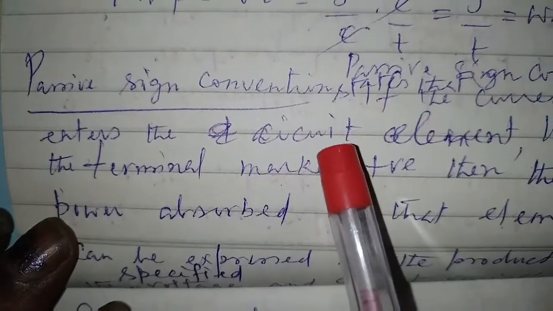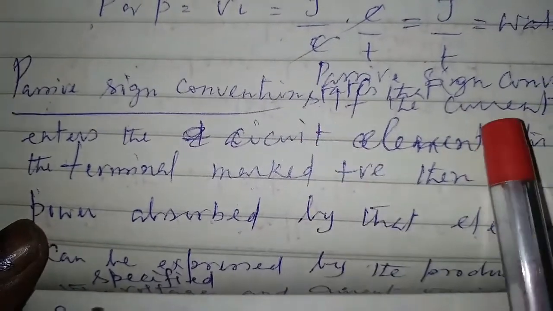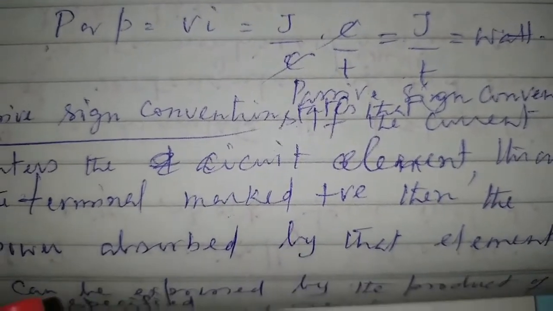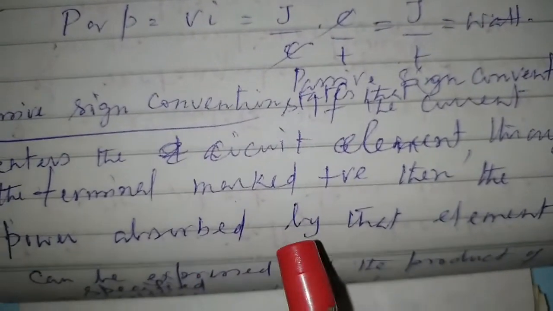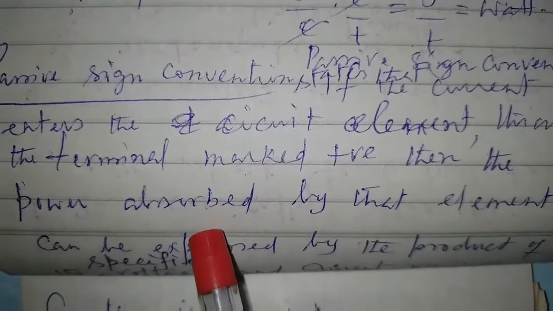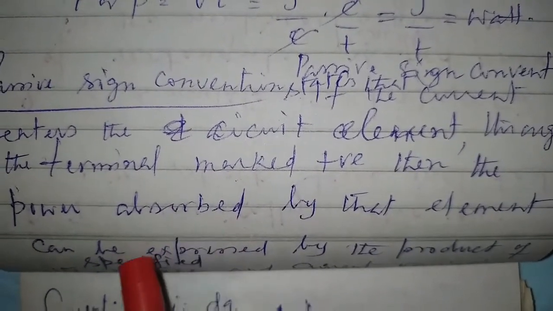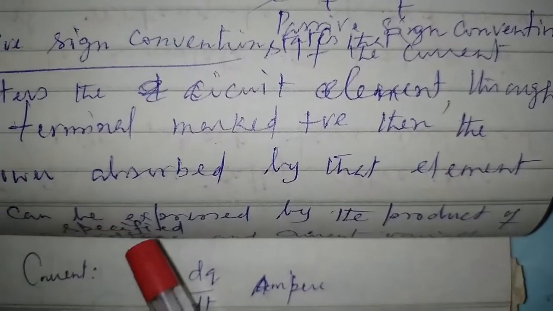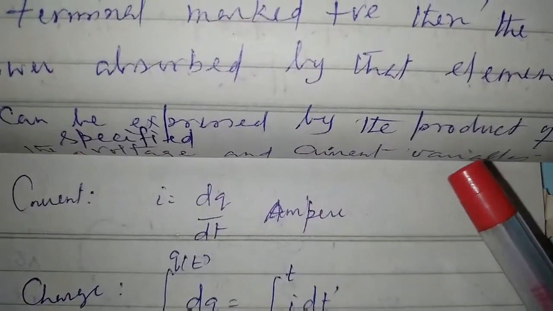This convention states that if the current enters a circuit element through the terminal marked positive, then the power absorbed by that element, power expended by that element, can be expressed by the product of the specified voltage and current variables.